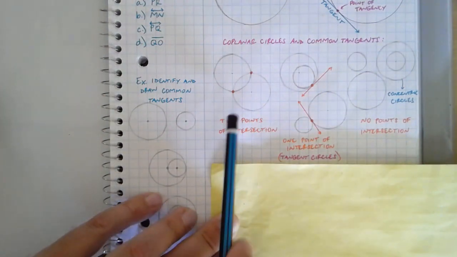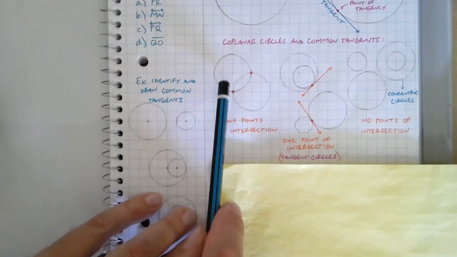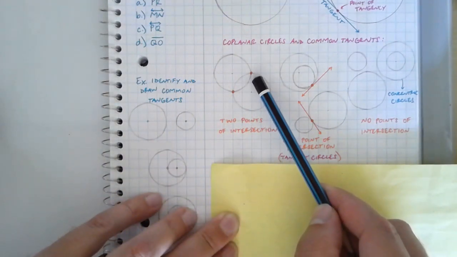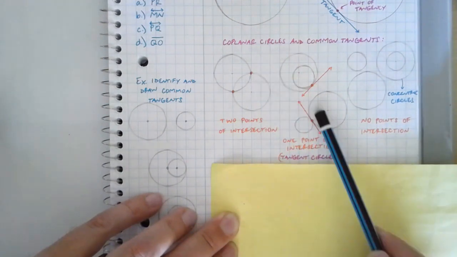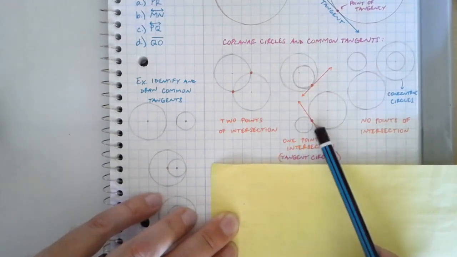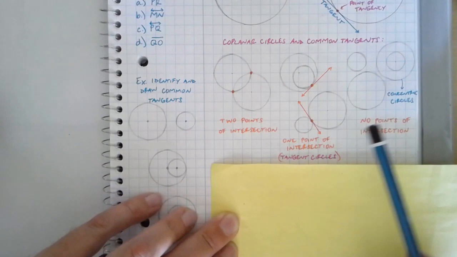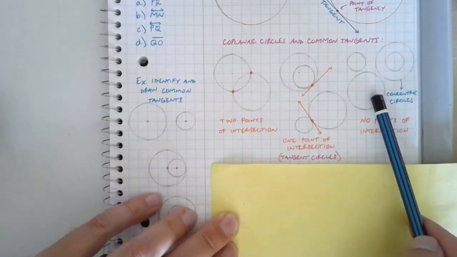So if you want to write in parentheses, if I have a Venn diagram or 2 points of intersection between two circles, there are two common tangents. If I have one point of intersection or one common point between the two circles, there is one common tangent. This is where things will start to get interesting, right?